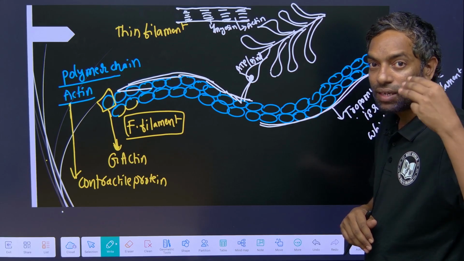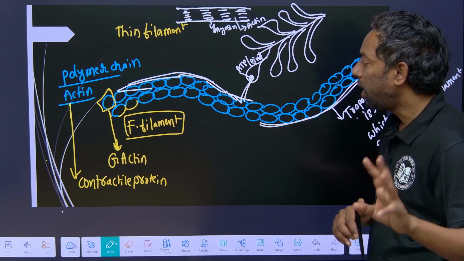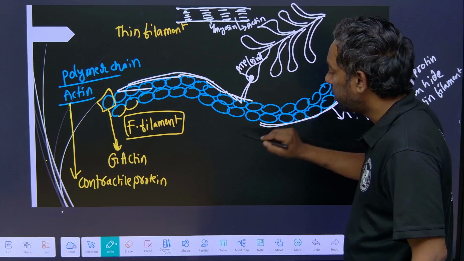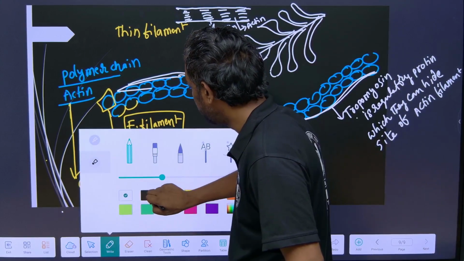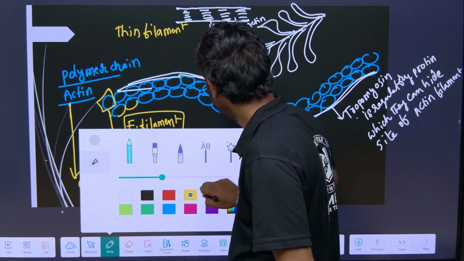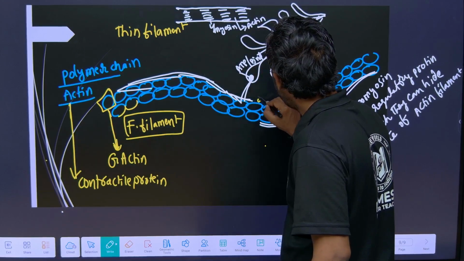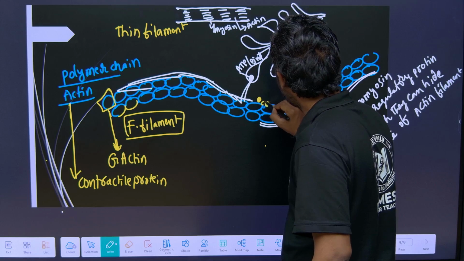And there is troponin, which has some sites. This is troponin, guys. Troponin is on the actin filament.